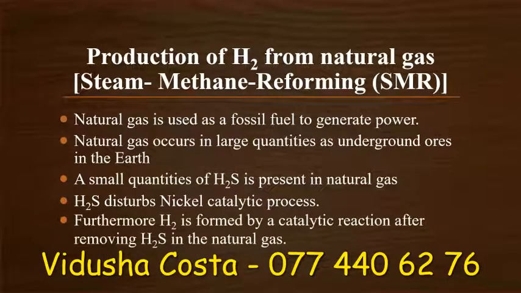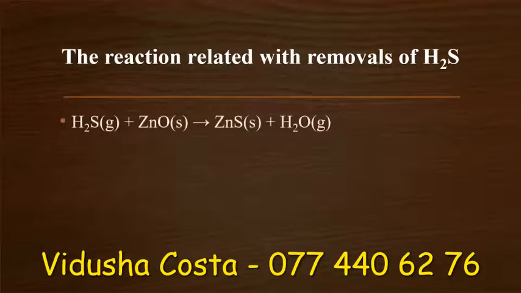Hydrogen is then formed by catalytic reactions after removing H2S from the natural gas. So we want to know how to remove H2S from natural gas. Normally, we can react H2S with zinc oxide to give zinc sulfide and water vapor. By that reaction, we can remove H2S gas.